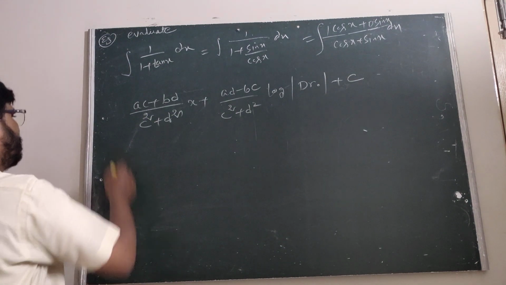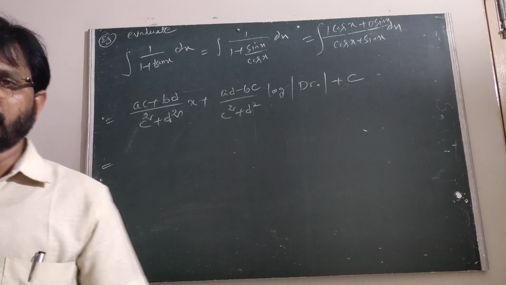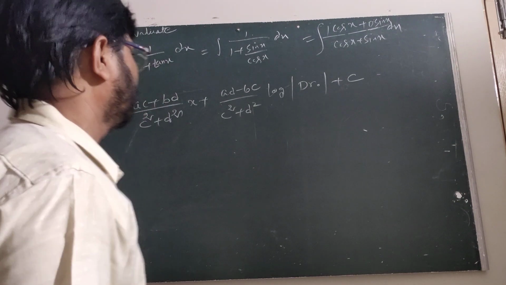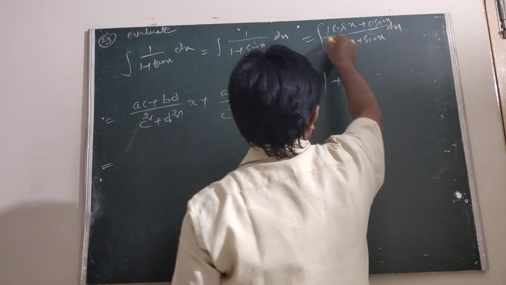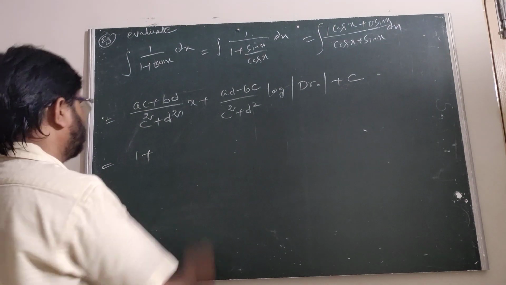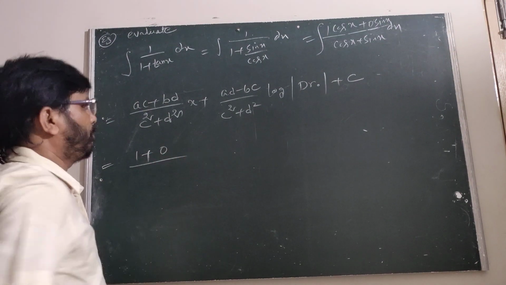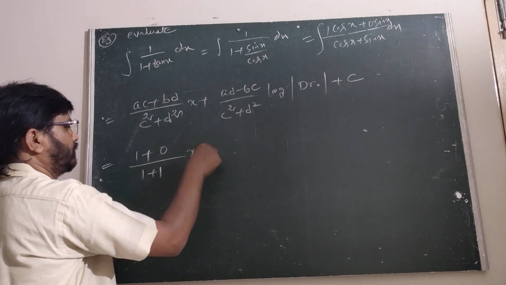How to write this one? AC plus BD. Everybody looking here. AC plus BD: AC is 1 plus BD is 0, upon C square plus D square, which is 1 plus 1, into x.